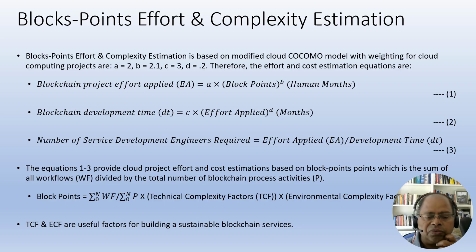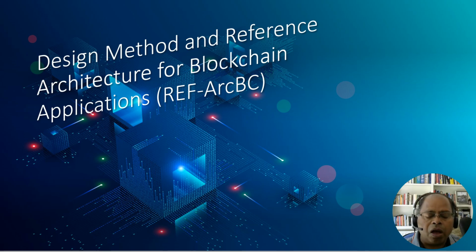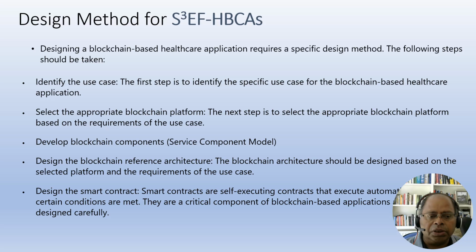There's another factor for sustainability, looking at the environmental and the people's complexity. So environmental complexity, technical complexity, TCF and DCF, quite useful for sustainability. Okay. Now the reference architecture, which is another point in our framework, the next step in the methodology.